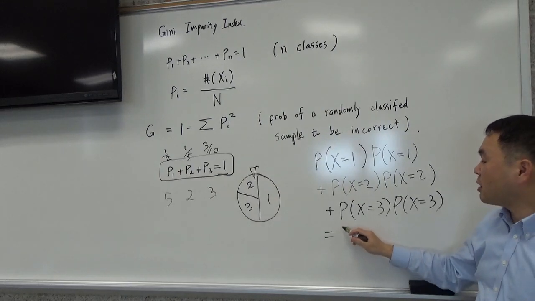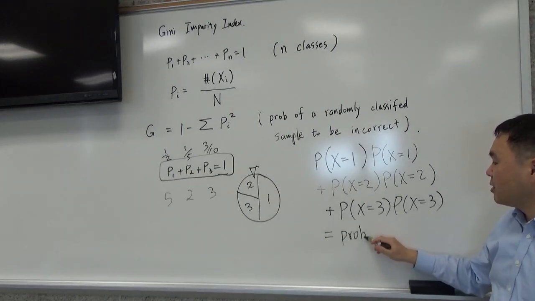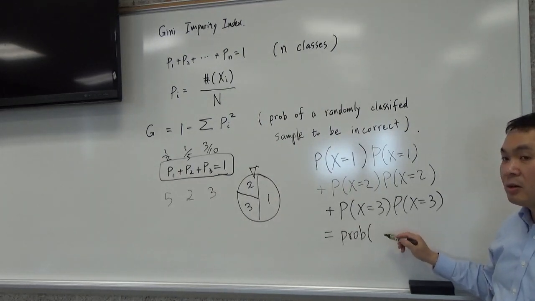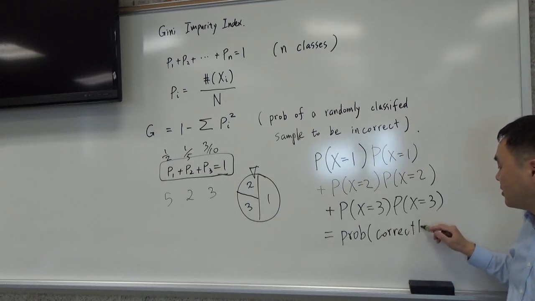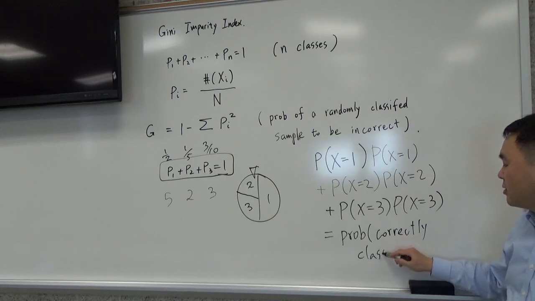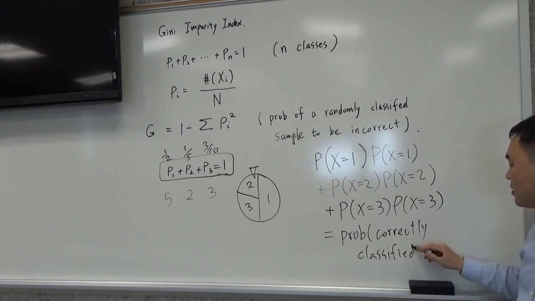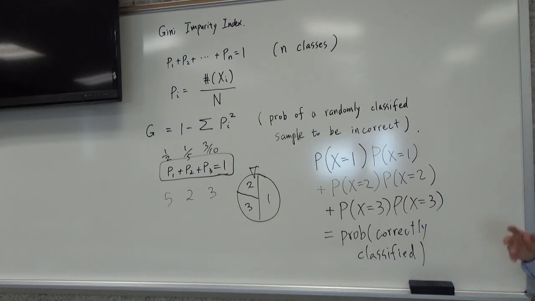And this will be the probability of correctly classifying. So it's the probability that your random choice and classification is done correctly, right?